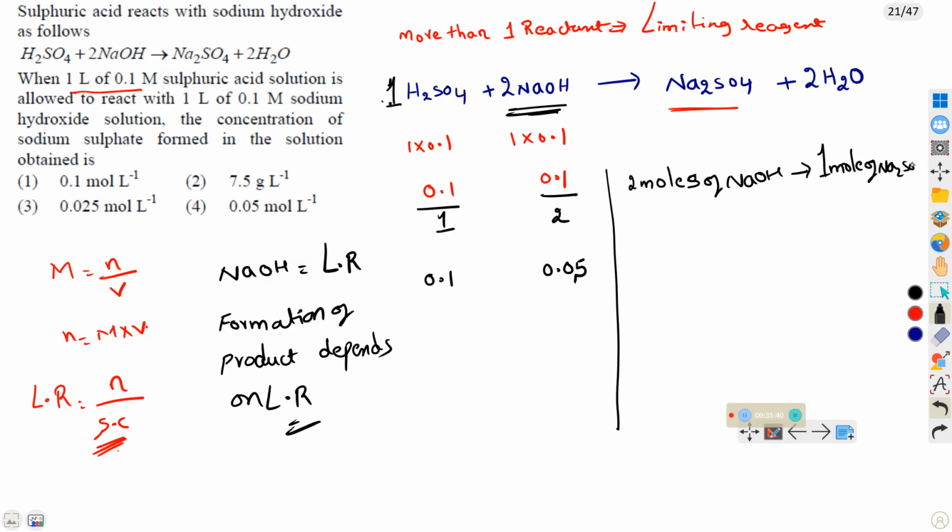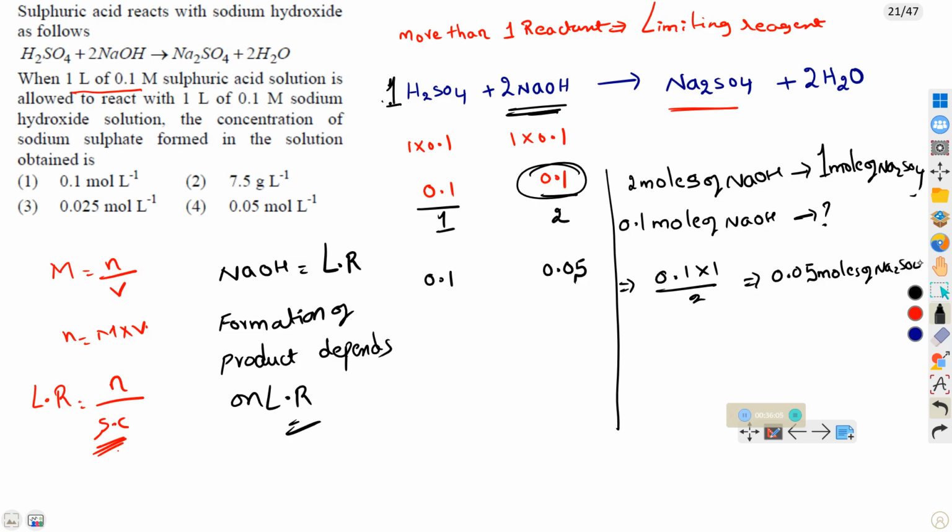Then here, how many moles of NaOH are given? 0.1 mole of NaOH gives how many moles of Na2SO4? 0.1 into 1 by 2, that is equal to 0.05 moles of Na2SO4.